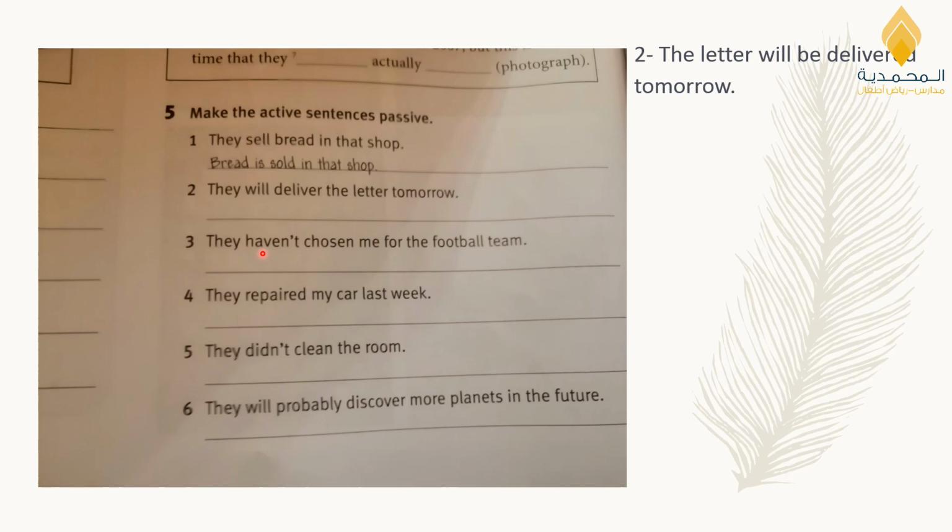So what's the appropriate form of the present perfect from the verb to be? Yes, have been. So I haven't been chosen for the football team. Again, I haven't been chosen, this is the verb 3, for the football team.